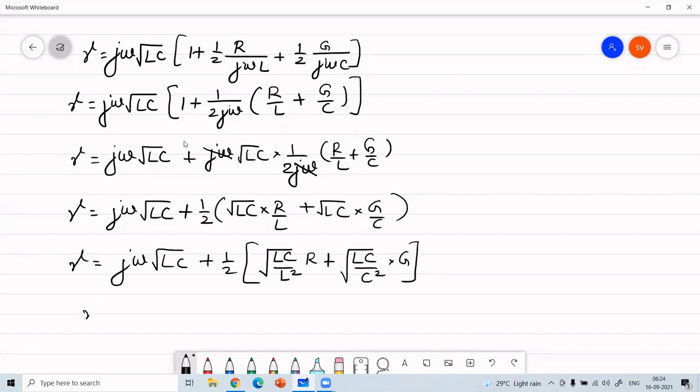Or we can write gamma is equal to j omega into root of LC plus half into (R into root of C by L plus G into root of L by C).